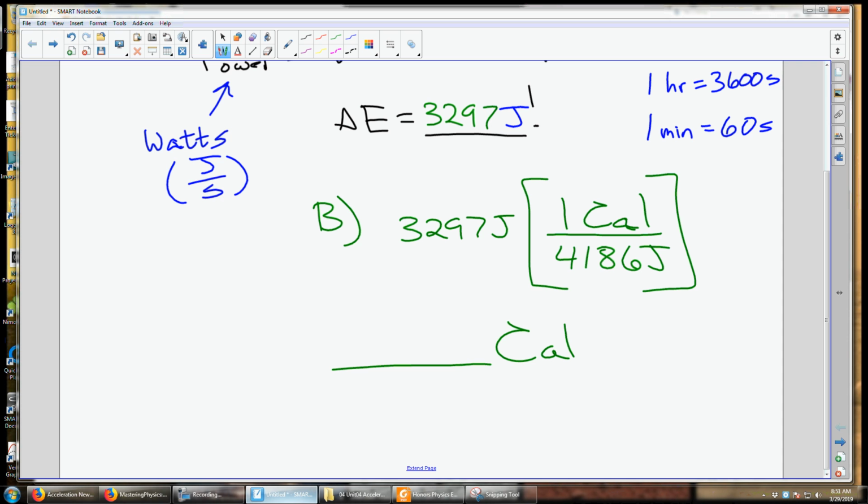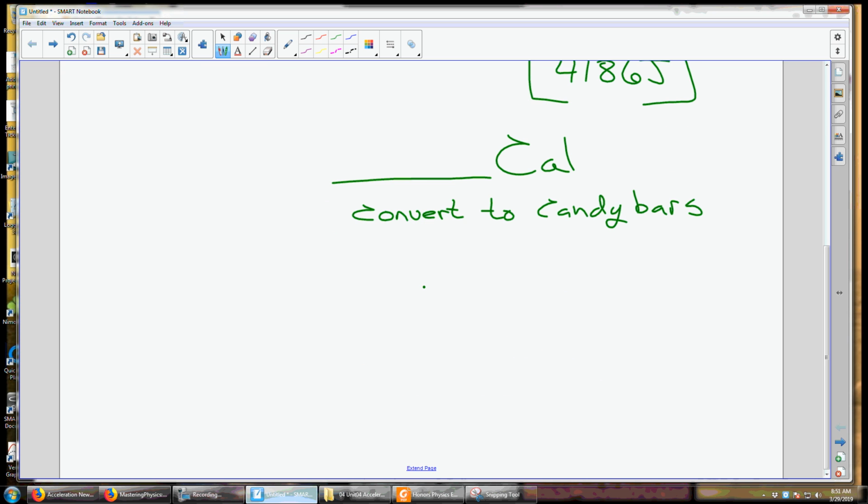And then I convert again to candy bars, and there are 1 candy bar per 280 big C calories.